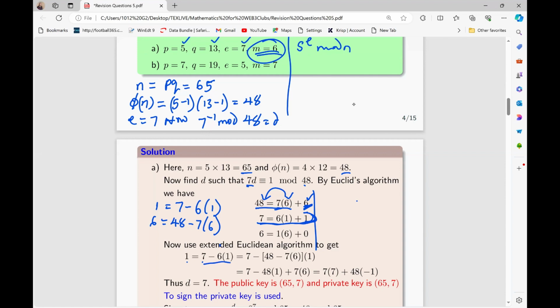Then replace this other remainder by its equivalent. So when you come to the next step, you have 7 minus, but instead of this 6, we write the equivalent, which is 48 minus 7 multiplied by 6. Then there's this 1, which is just this 1 here.